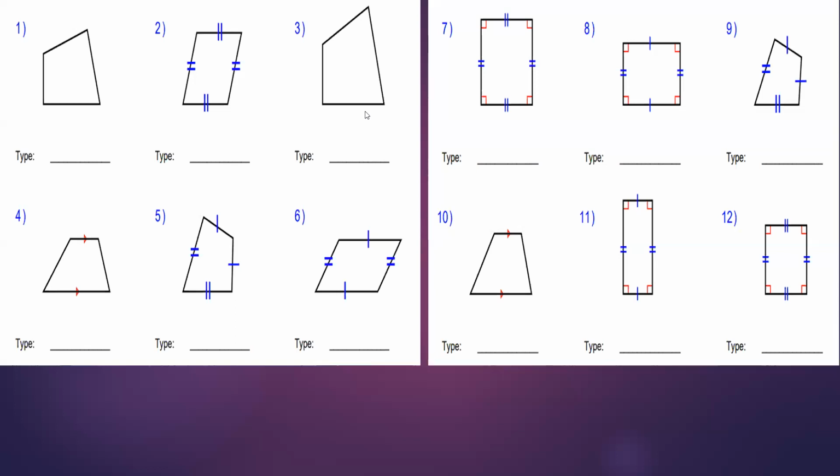And Doranique, are you done? Yes, sir. Okay. Now, Doranique, you need to check over number 1. That is not a kite. Not a kite.